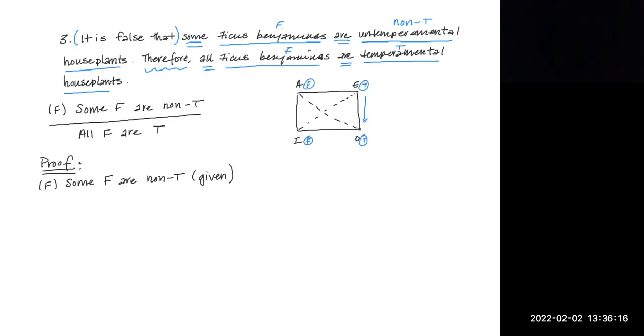Okay, so now we have some decisions to make. The traditional square of opposition is the only place where you can move in between universal statements and particular statements. And it is also the only place that you can move between the truth values that you need. So we want to change the truth value from false to true, because eventually we want it to be true, because that's what our conclusion looks like.